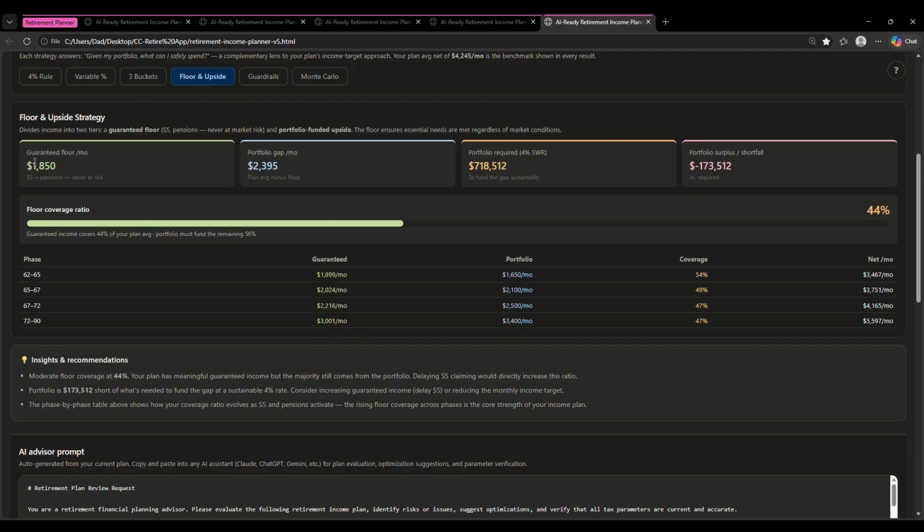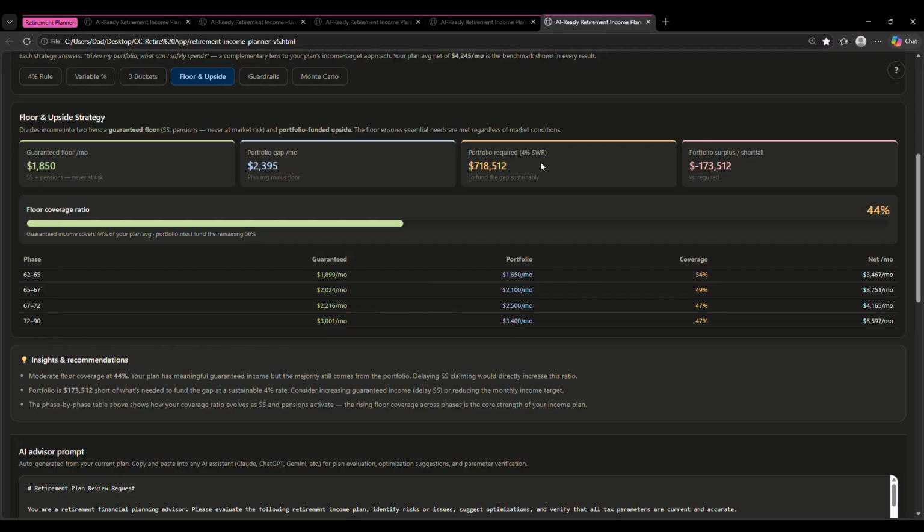So if we look at these cards here, the first card is your guaranteed floor, and it's guaranteed because this is your social income, and that is reliable, or should be reliable, hopefully, and will rise with inflation. The second is your portfolio gap, what the portfolio must deliver per month after guaranteed income.